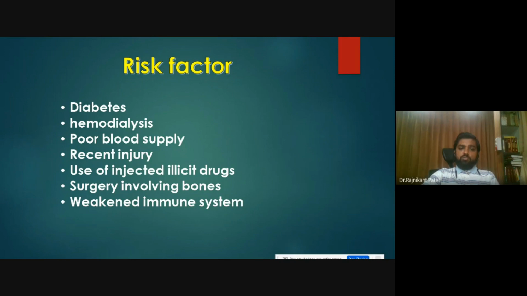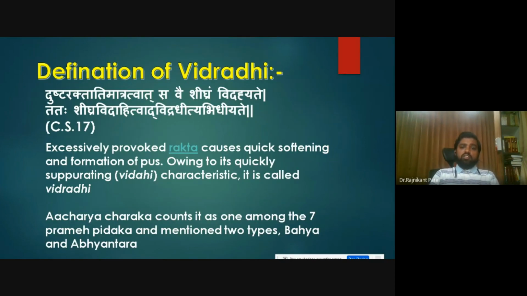Also a person who has poor blood supply, any recent injury or wound cut marks, use of injected drugs, surgery involving bones, and a weakened immune system. So these are the categories of patients in which we can see more of this osteomyelitis. Okay, we have seen in modern science what osteomyelitis is, briefly, how it spreads and everything.